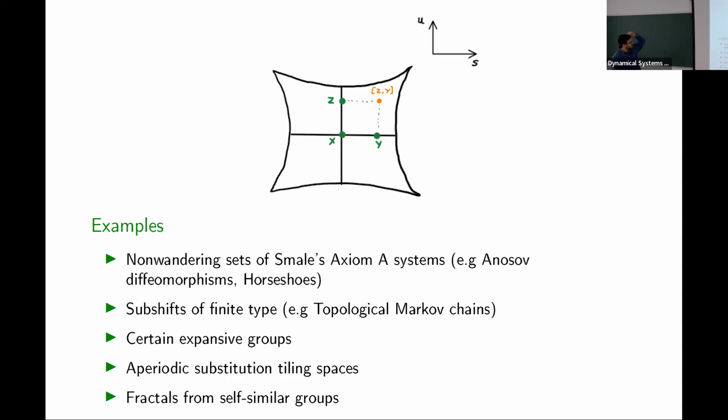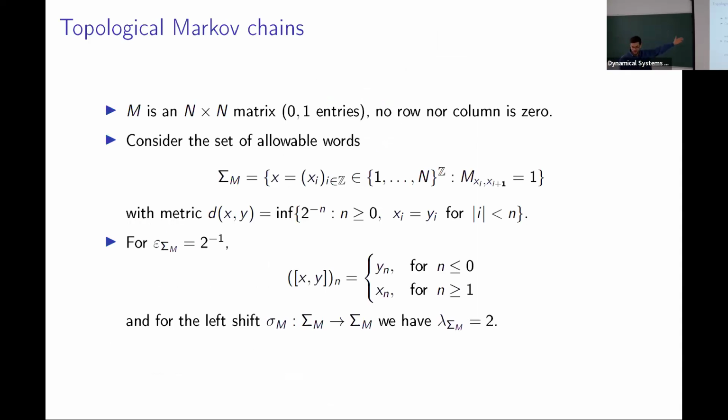Now, let's see another example. As I said, topological Markov chains. You get an n by n matrix, entries 0 and 1. Let's make it simple, okay? No row or column of this matrix consists only of zeros. And now we have the space of allowable words, the bi-infinite sequences.